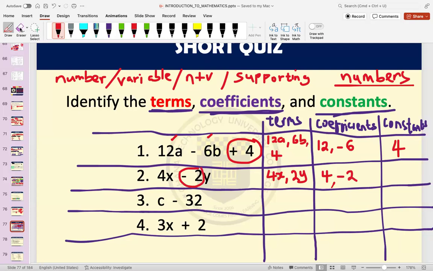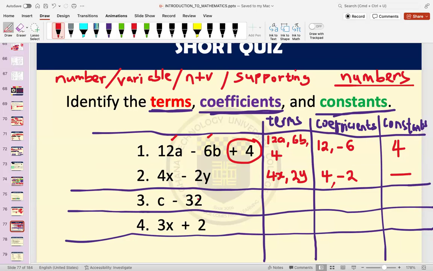What about constant? Let's check whether there is a constant. When you check this one, there is no number standing alone, so that means there is no constant. We put our dash there. We don't have a constant for the second expression.